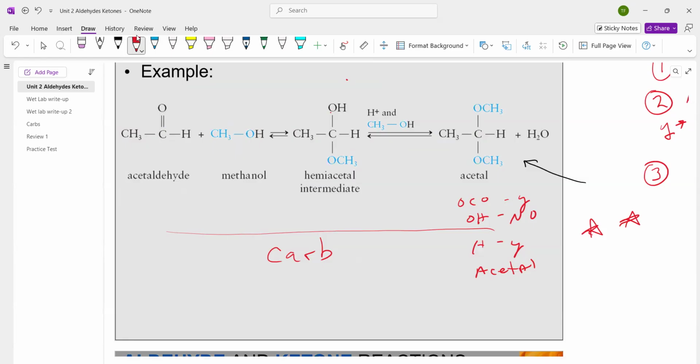So the aldehyde is going to be the primary backbone. I'm going to add to it an alcohol, which is going to be the secondary backbone.